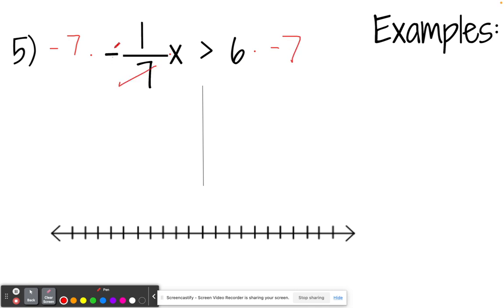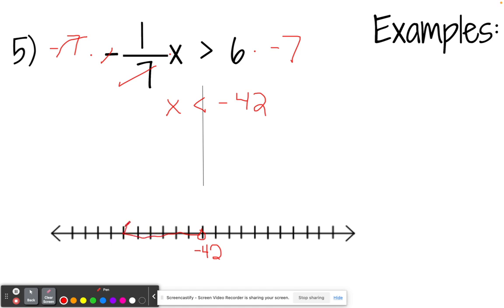Sending my friend and their attitude home, so they are going to flip out. 6 times negative 7 is negative 42. So my solutions all have to be less than, open circle, negative 42. Numbers smaller than negative 42 are to the left.